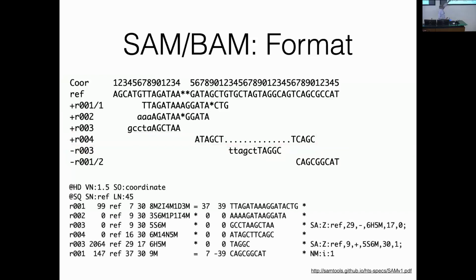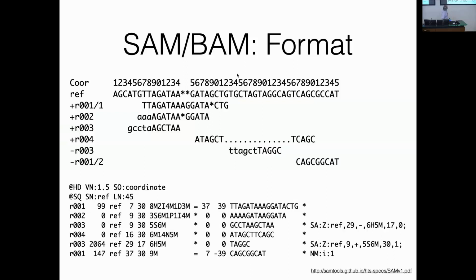This is a little bit of a toy version of what a BAM file looks like. So here, the first column is going to be the name from the header. This is some information that can tell you different things, like whether it's a forward read or reverse read, or whether it's split mapped, other things. This is the name of the chromosome.